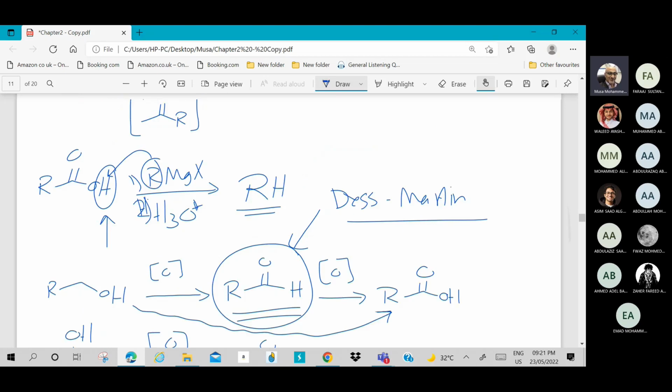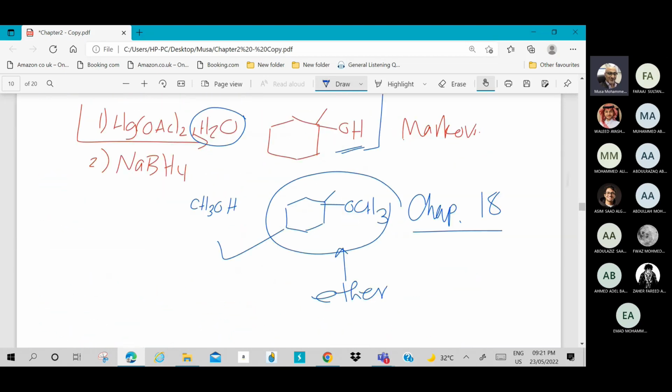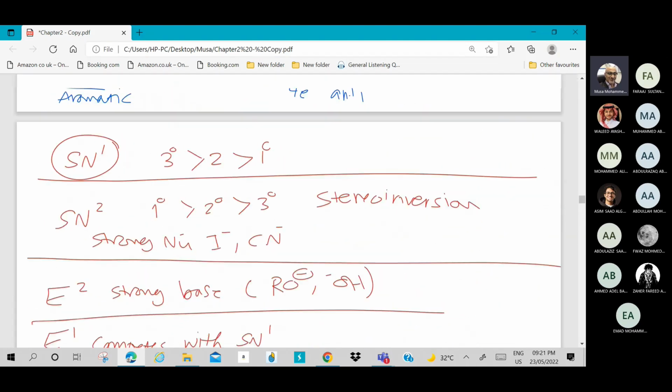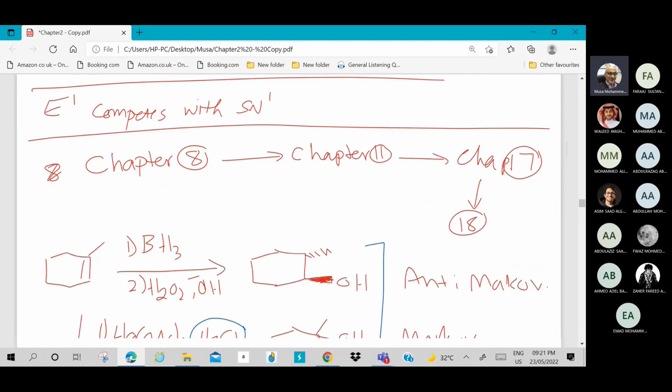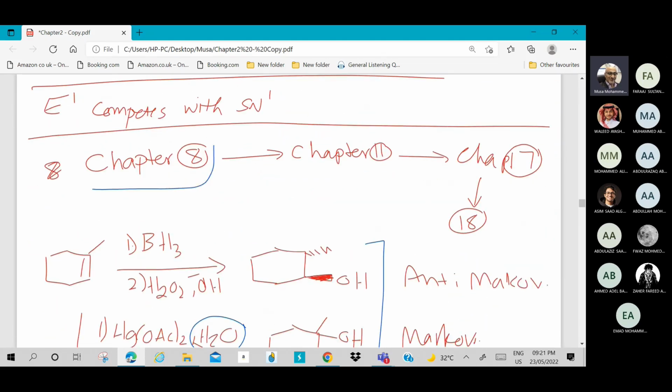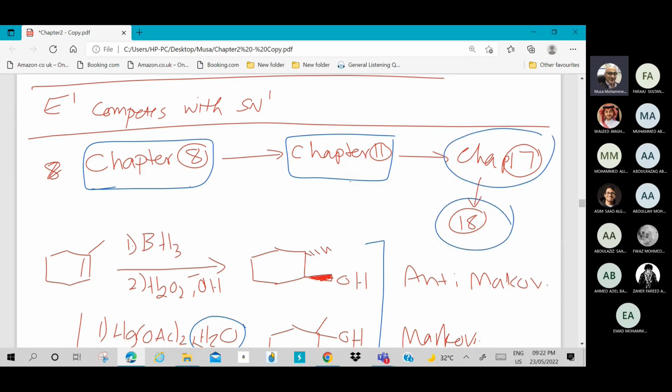Okay, so now if you go back here again guys, this sequence that I just talked about is very, very important: you study chapter 8 followed by chapter 11, because 8 together with 11 will help you to understand 17 and 18. Otherwise you will find difficulties in chapter 17 and 18. So review chapter 8 for 1 or 2 hours, then since you are at chapter 8, review chapter 9 immediately, because chapter 9 is related to chapter 8.